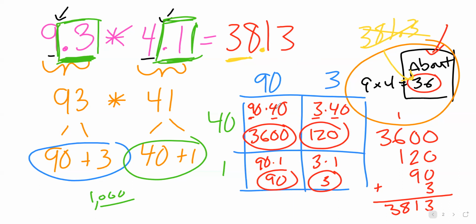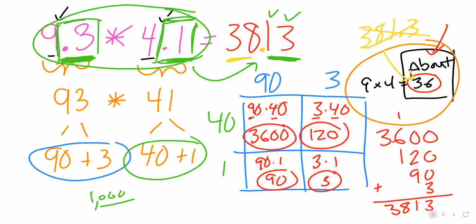And if I go back and look at my product, my answer, where we used estimation, you notice I have 2 place values here as well. So one thing I can start to notice is that I can look at the place values of my original numbers that I'm multiplying to help me figure out where the decimal goes. If there's 2, then I have 2 in my answer.